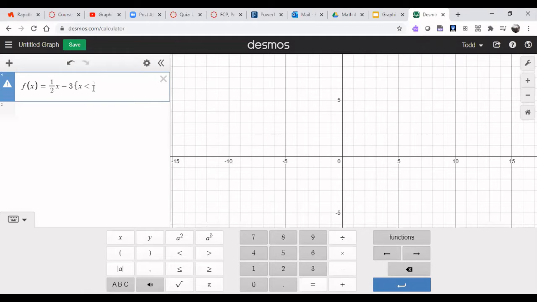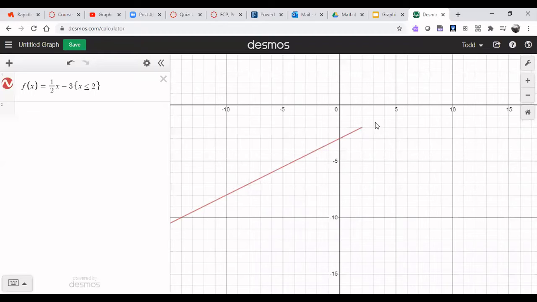The less than and the equal to. And if you type those two right in a row, it will do the less than or equal to for you. So 2 in the curly bracket. So now your function stops at 2 like it's supposed to.